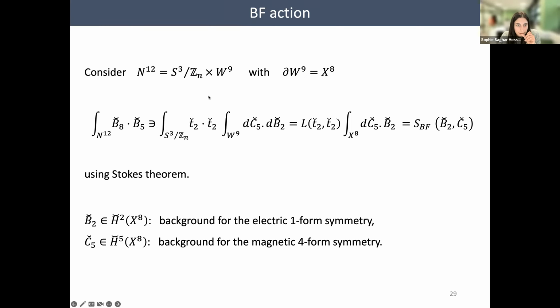And substituting in the expansions for this B8 and B5, we get some linking pairing, which is integrating out this boundary that we had before in the picture. And the other term we find is nothing but this coupling between B5 and B2. In other words, the BF theory. So here we have a 1-form electric symmetry and a 4-form magnetic symmetry, and we reproduce the BF term in this manner.